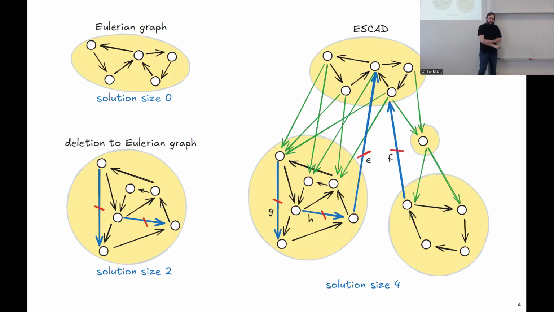You can notice immediately that in the solution, you will remove a set of edges, but there will be essentially 2 different types of edges. One type of edges in the solution basically breaks up strongly connected components. And the second type of edges, which is G and H here, will make the components balanced. Right?